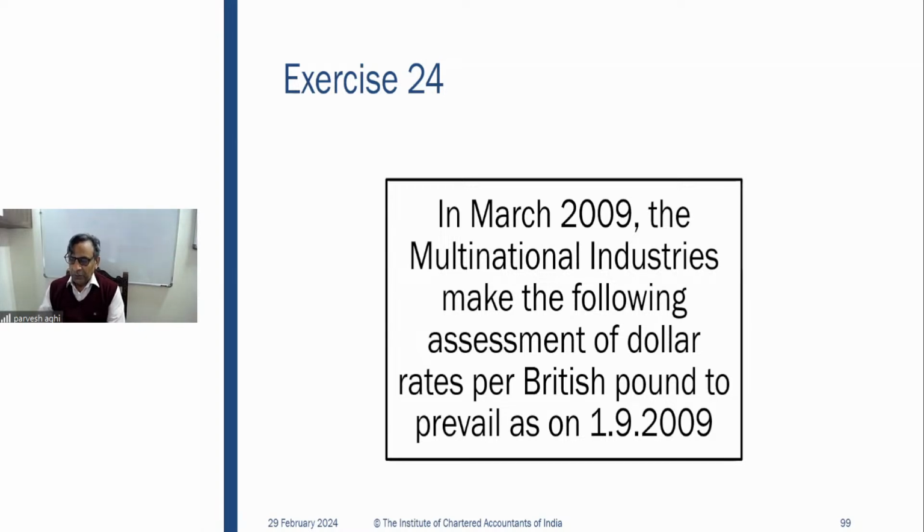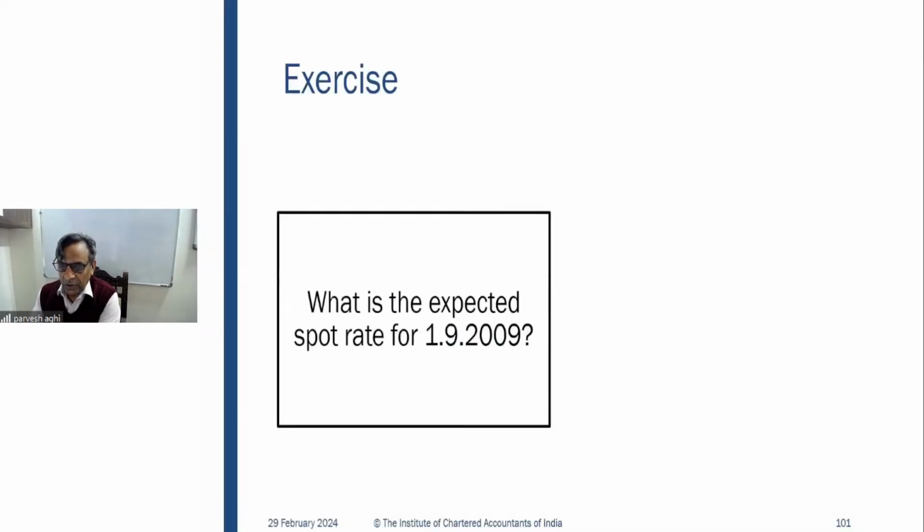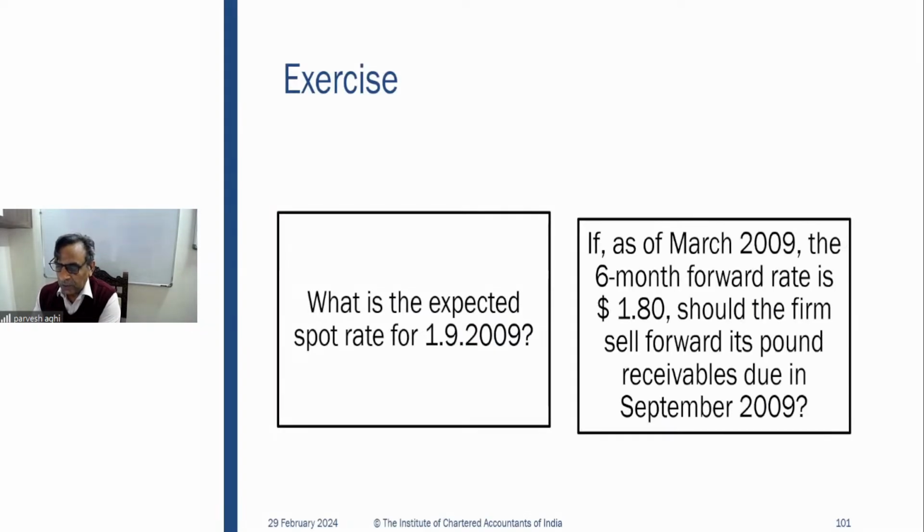They are doing this assessment on 1st of March. So they found this probability: dollar would touch 1.6 with 15% probability, 1.7 with 20% probability, 1.8 with 25%, and for touching 2, there will be 20%. So what is the expected spot rate on 1st of September?